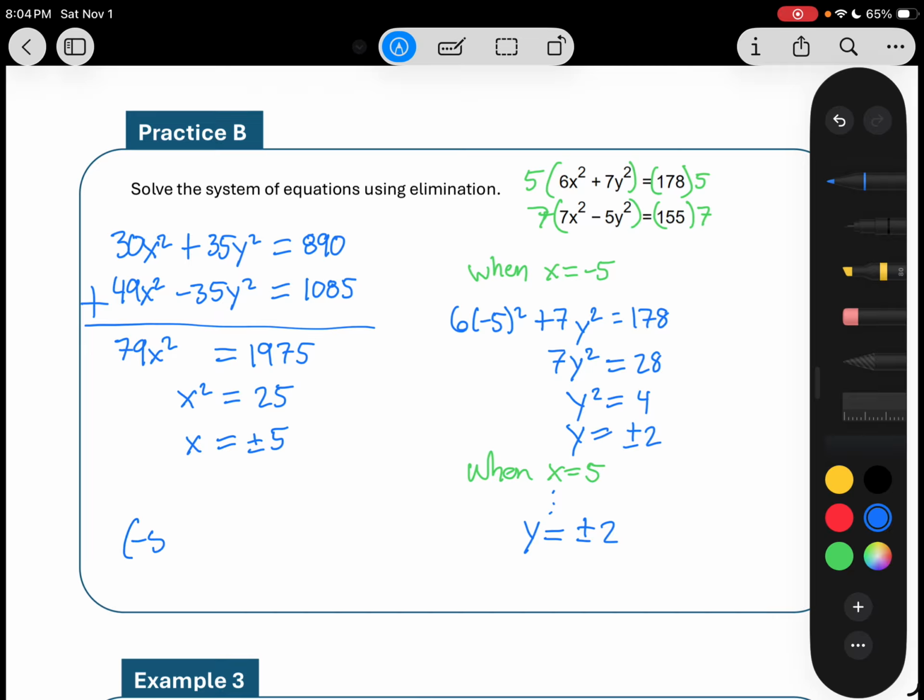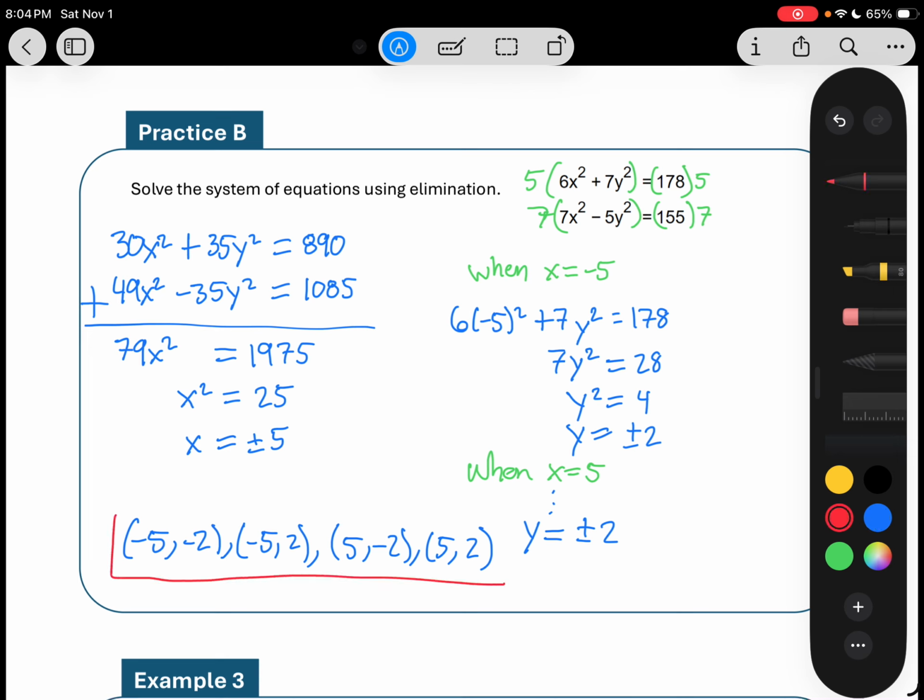When x is -5, y is either -2 or +2, and when x is +5, y is -2 or y is also +2. So we've got 4 sets of ordered pairs there, or 4 ordered pairs.